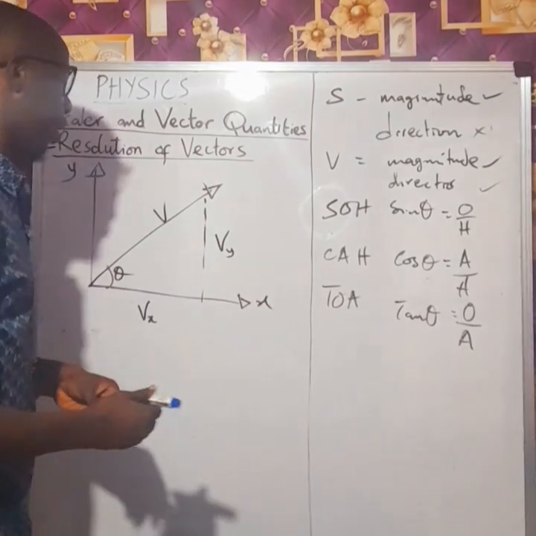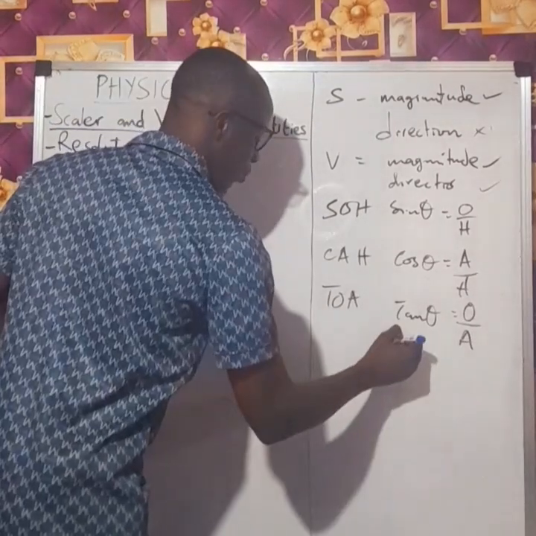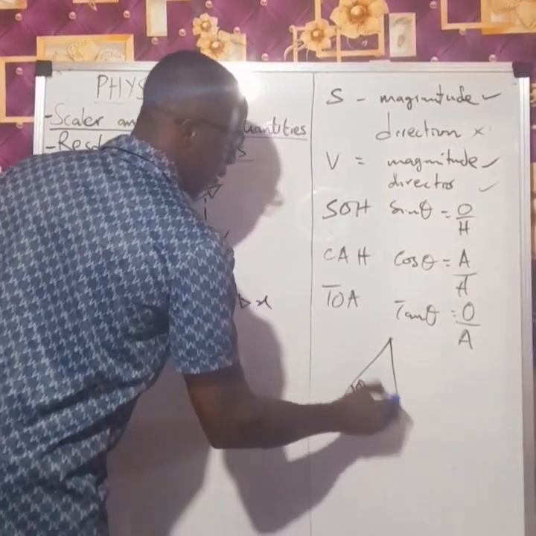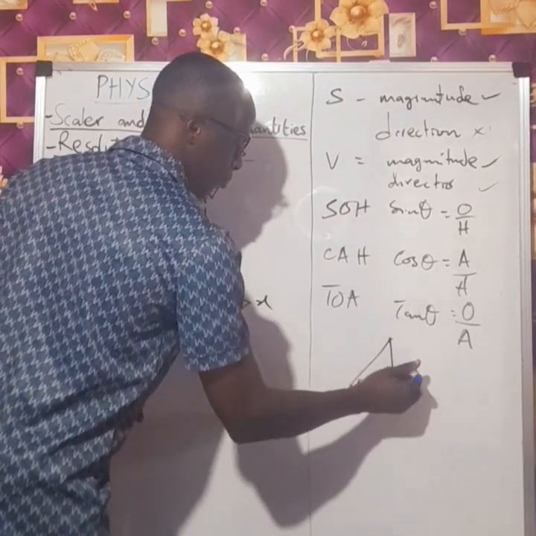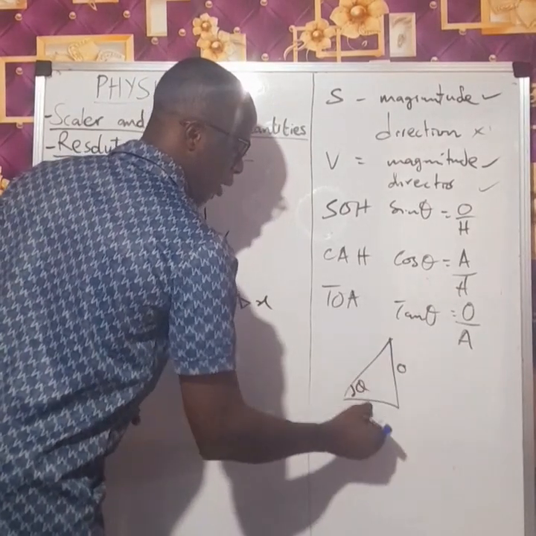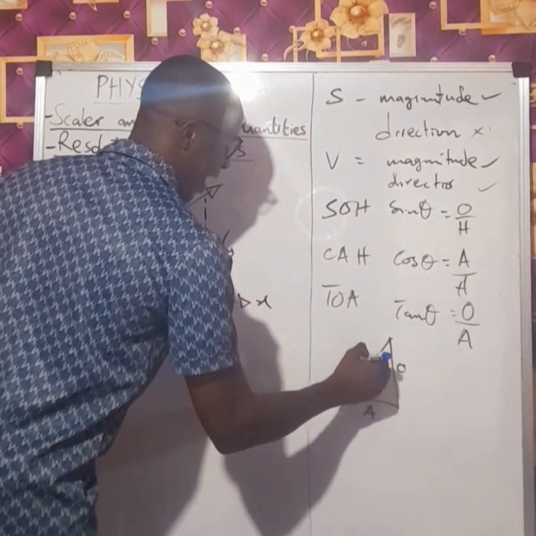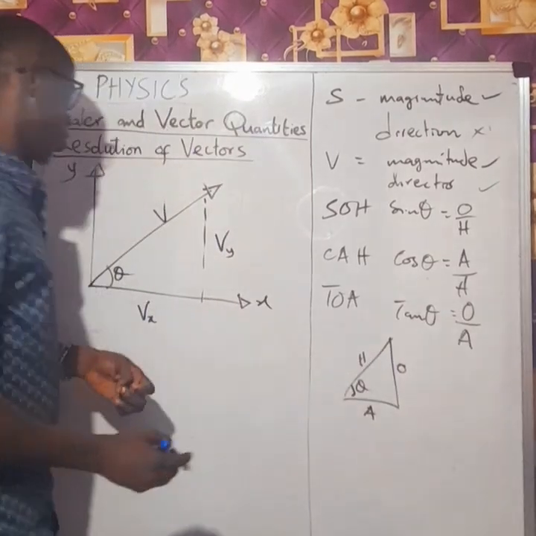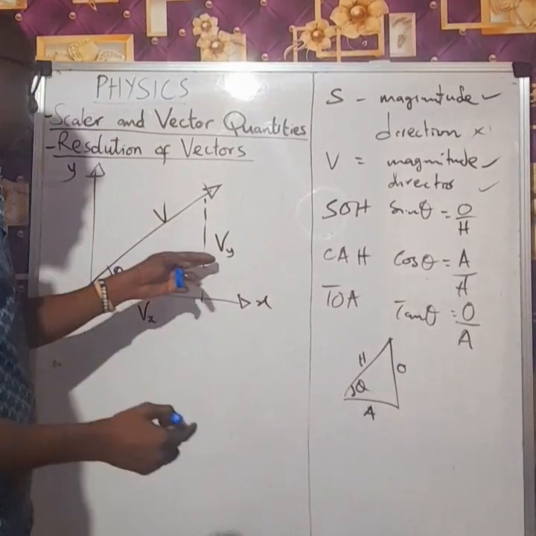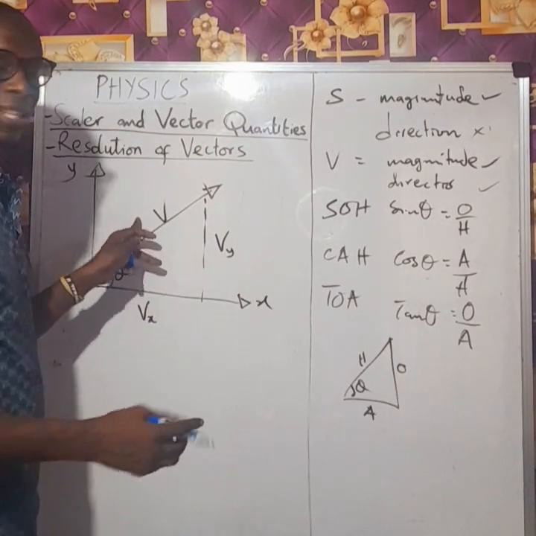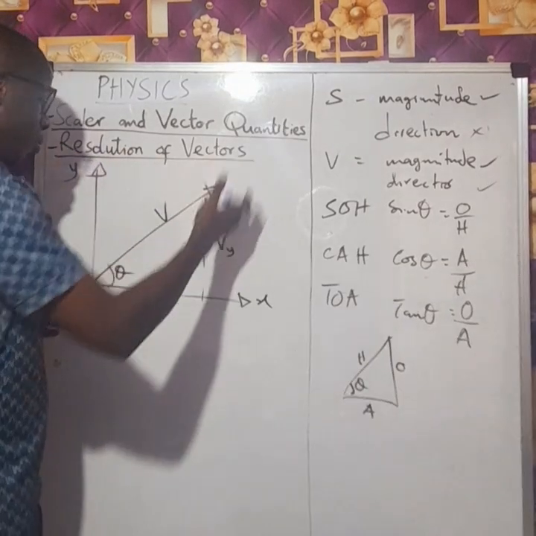Now with the knowledge of that, this is our opposite, and this is adjacent, and this is the hypotenuse. The vector V is known, and we are looking for Vy.